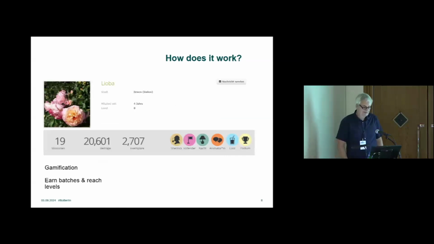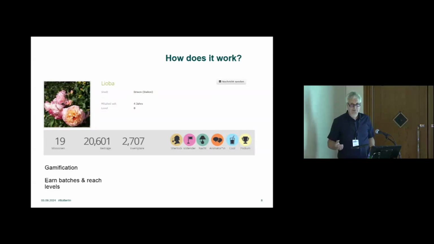Then there's a certain gamification factor implemented in the system. First of all, you can reach levels during your work. You start with very easy tasks, and the more you work, the more experience you get, and the higher the level you can reach. The second thing implemented are so-called badges you can earn. That's all in German, sorry, but I can translate a little bit. Sherlock, for example, you get if you derive new information from existing information.